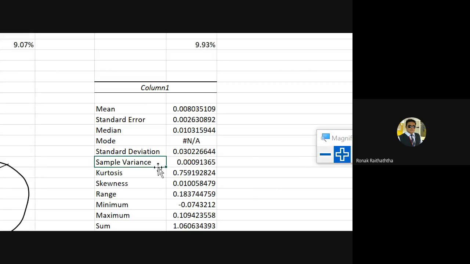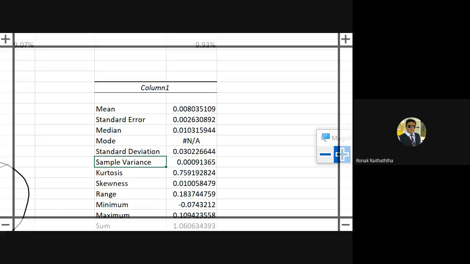Okay, so kurtosis is coming at 0.75, skewness is 0.01, absolutely not skewed. Yes, we have too many values near the average in this case, but still within the acceptable range of the kurtosis.